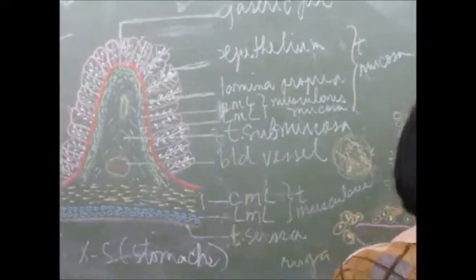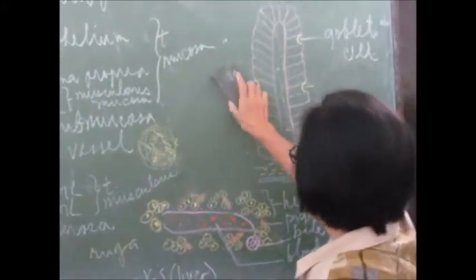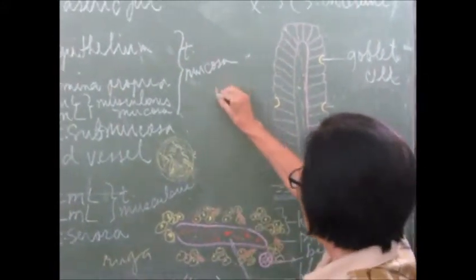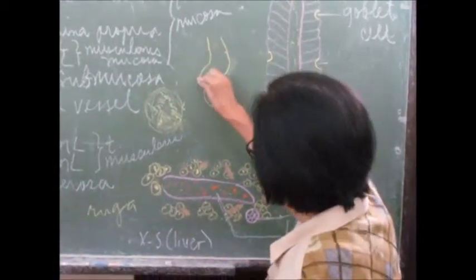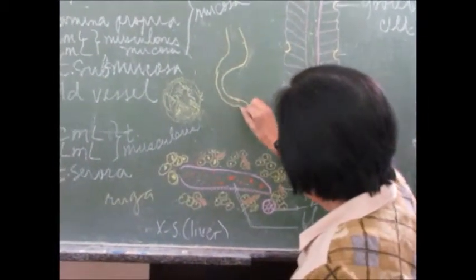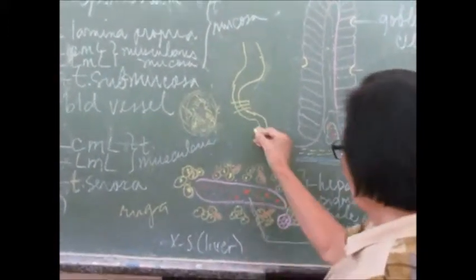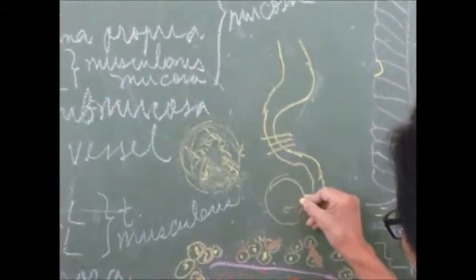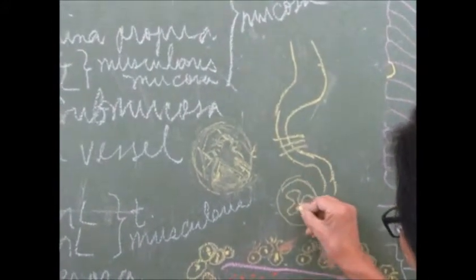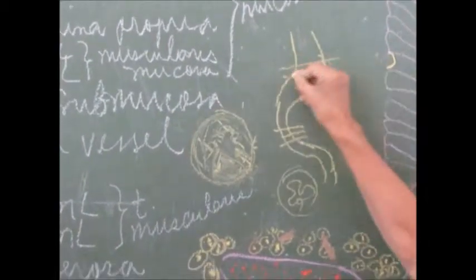Now, let's take up the small intestine. Okay. Now, if you have the large stomach, then this is followed by the small diameter of the intestine. Correct? So, if it is smaller, then the cross-section would be like this. This is the cross-section of the stomach because it is wide.